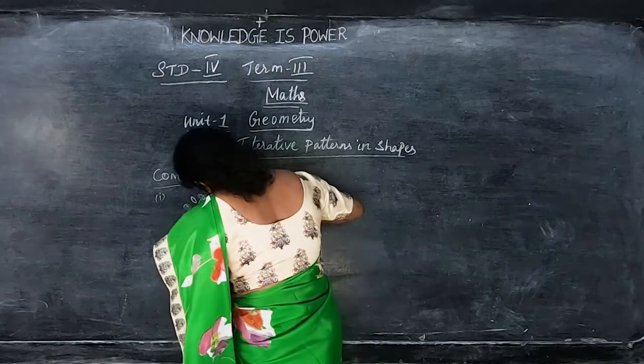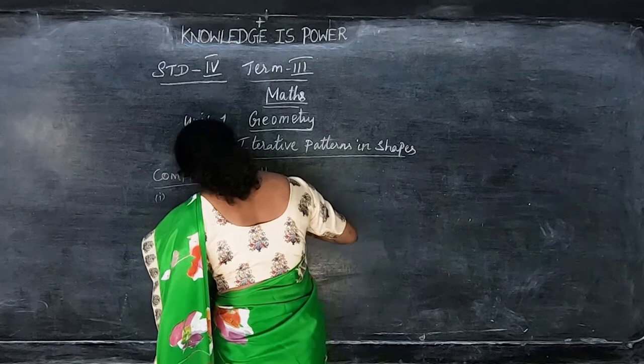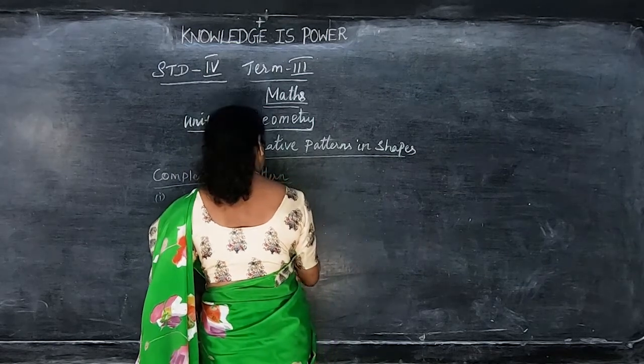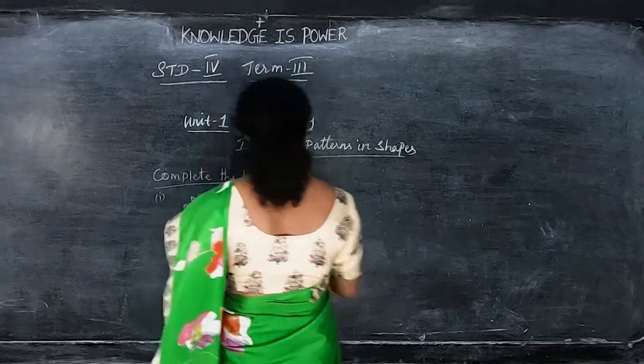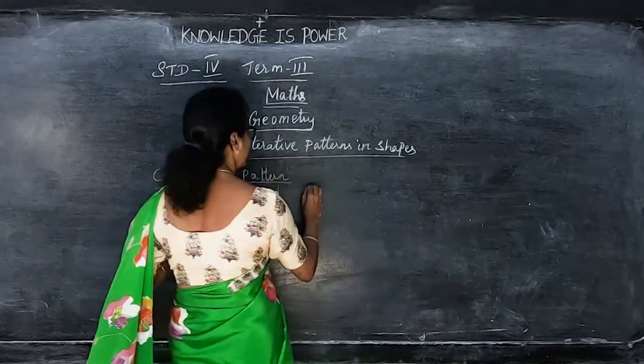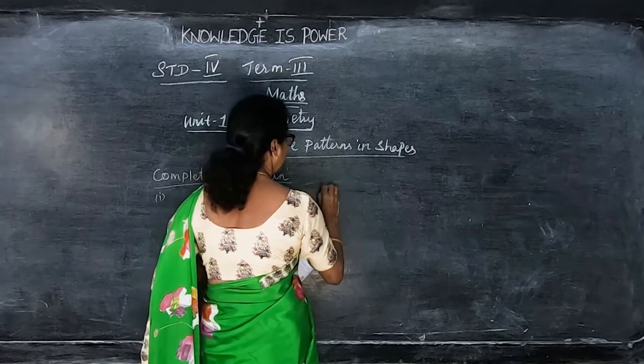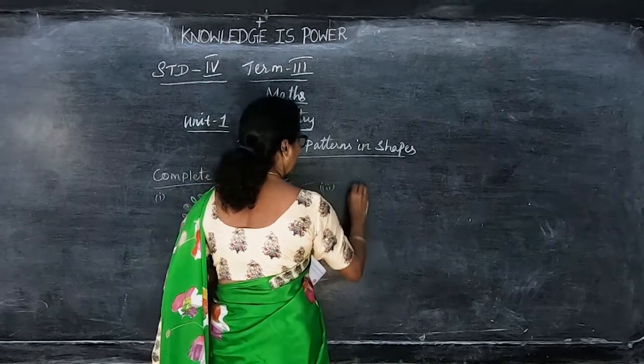Like this you have to draw inside this circle. Okay, so you can draw like this. Next, the third one: you have to complete the remaining portions. You have to draw the same thing like this.